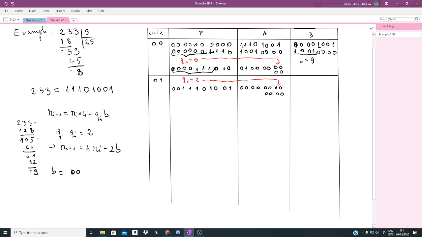It has to be on the same number of bits as p, because we make additions and subtractions between b and p. So b is this guy, right? 2b is this guy.